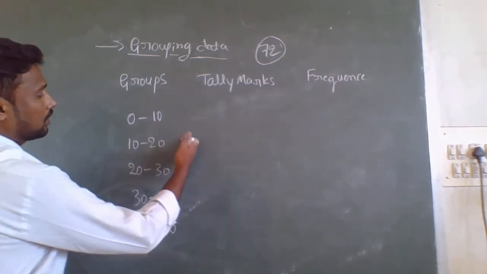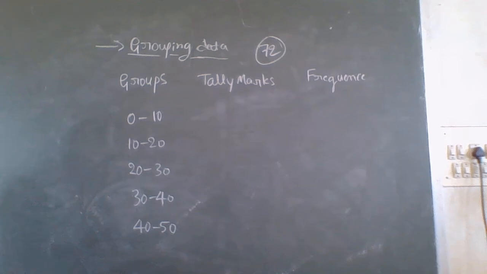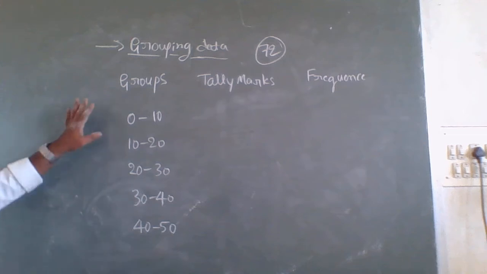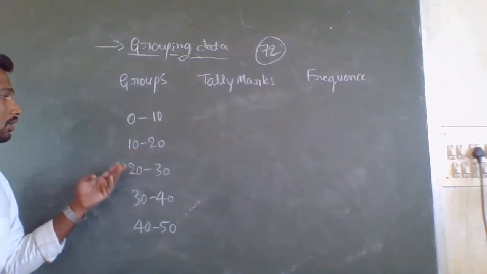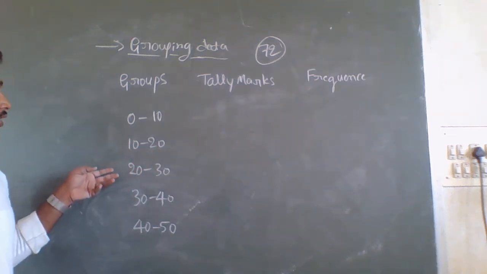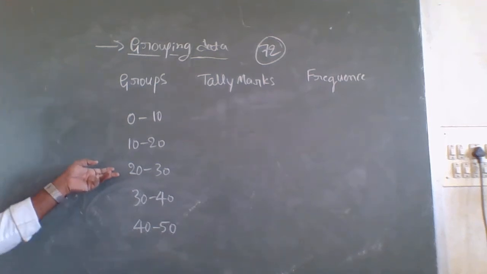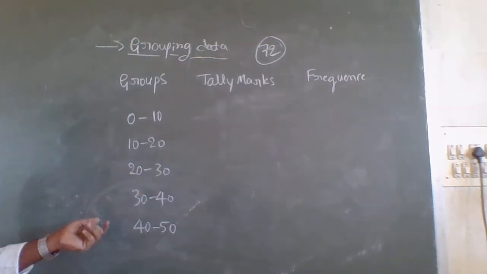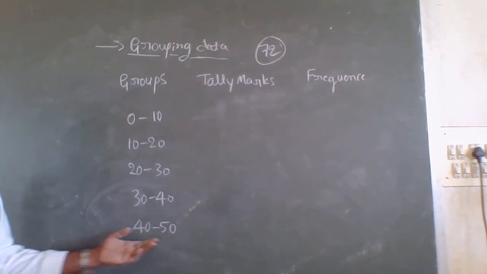The exam was taken for 50 marks. Therefore, from 0 to 50 marks, 0 to 10 is one group, 10 to 20 one group, 20 to 30 one group, 30 to 40 another group, and 40 to 50 another.